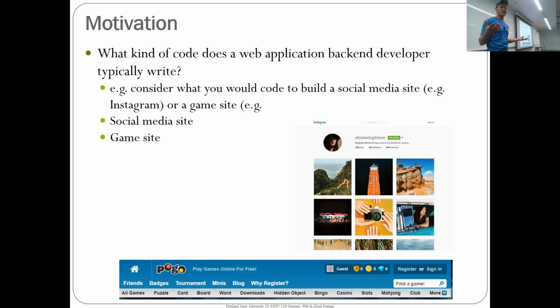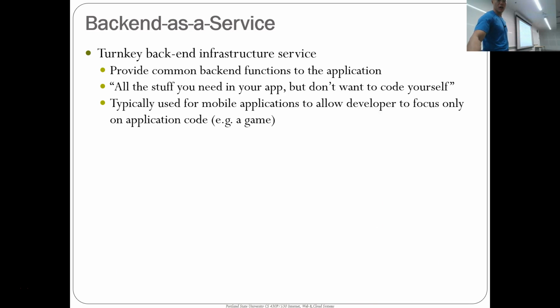So all of these things that you need in your app for your users that you don't want to write for yourself. That's the idea of backend as a service. Turnkey backend infrastructure that attempts to provide all of these functions that you'll find in every single application. So all the stuff you need in your app, but you don't want to code yourself.